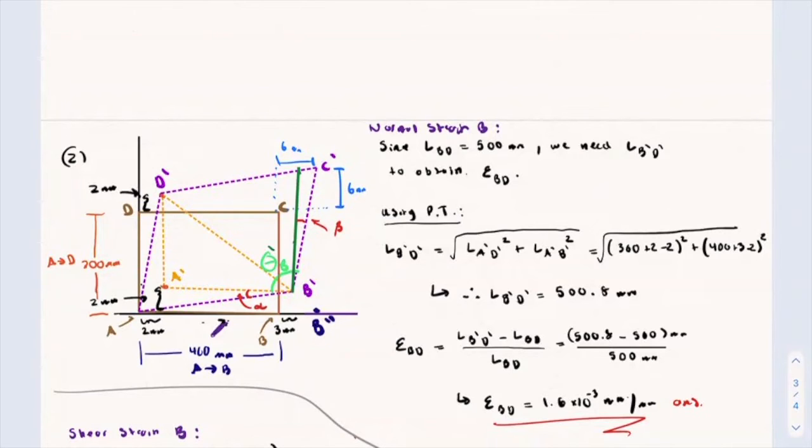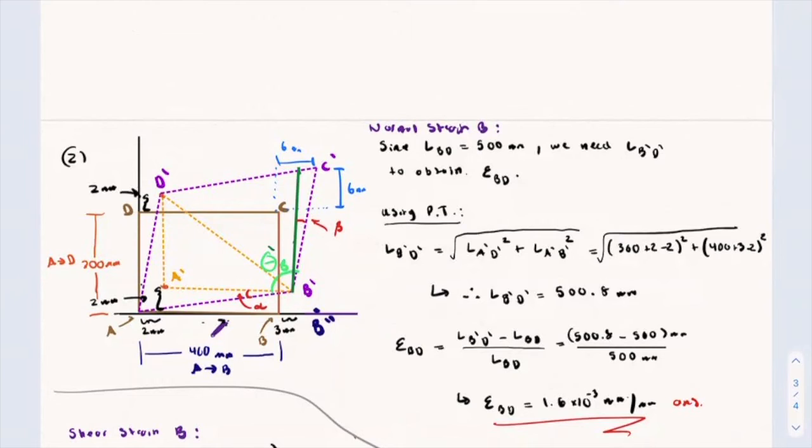Starting with the side A prime D prime, we can see that the length from A to A prime is 2 millimeters. The original length of the box A to D is 300 millimeters, and D to D prime is 2 millimeters. To find the A prime D prime length, we have to subtract 2 millimeters and add 2 millimeters because A to A prime is 2 millimeters and D to D prime is 2 millimeters.